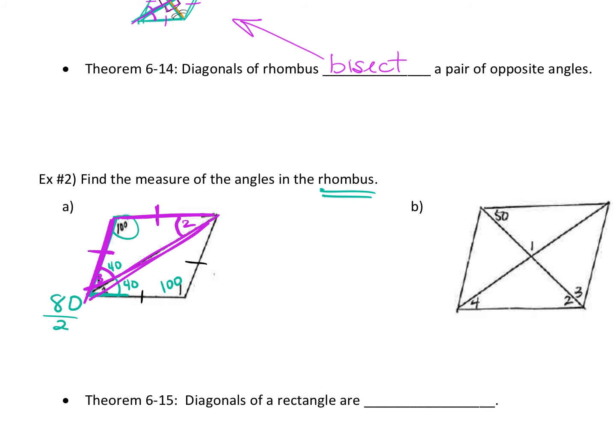So we know that these 4 angles are all congruent. So you could do 180 minus 100, leaves you with 80 degrees, cut that in half, and you get 40 and 40. And those are alternate interiors. There's a lot of ways to get there, but just keep in mind, all 4 of these angles will always be the same in a rhombus when the diagonal is drawn in, okay? It will bisect that angle.